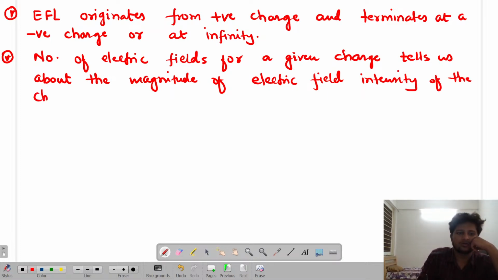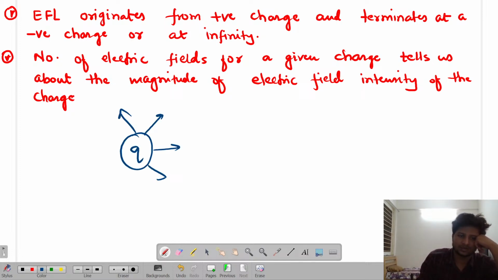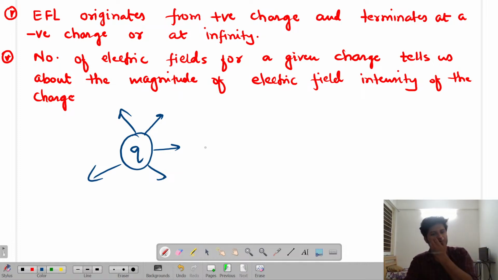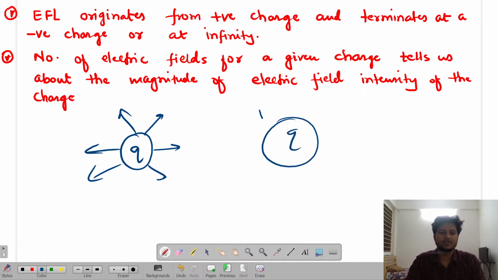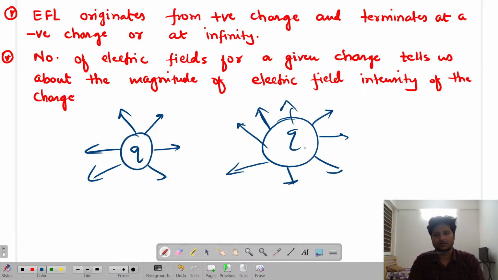ठीक, जैसे मान लो एक चार्ज है Q, इसके ऊपर से मान लो 5 इलेक्ट्रिक फील्ड लाइंस निकल रहा है, कितने, how many electric field lines are originating from it, let's suppose 6, right or not? And then there is another charge from which there are 8 electric field lines originating, right or not? I think 8.